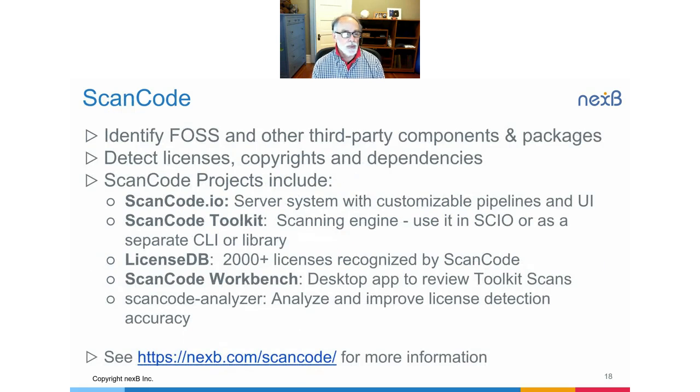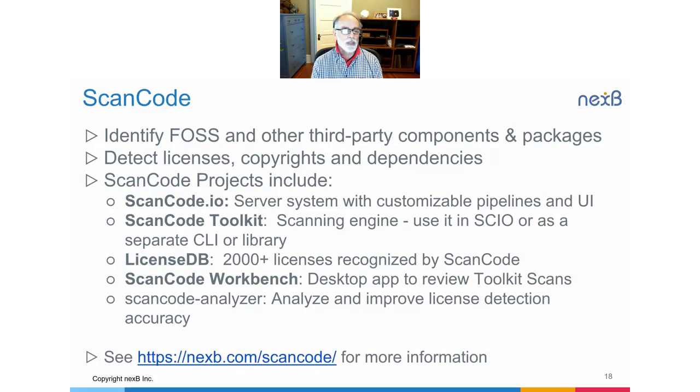ScanCode is the premier solution for actually identifying free open source FOSS components and other third-party components. The key areas are licenses, copyrights, and dependencies. There's lots of other data, but that's the focus, and we have specific techniques for each. For licenses, we have a matching model against our license DB that's very sophisticated.